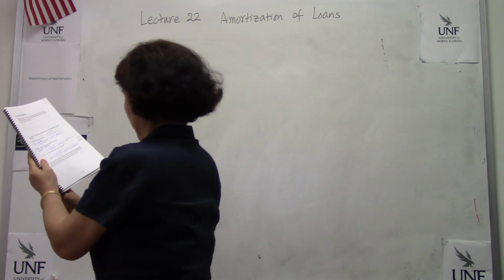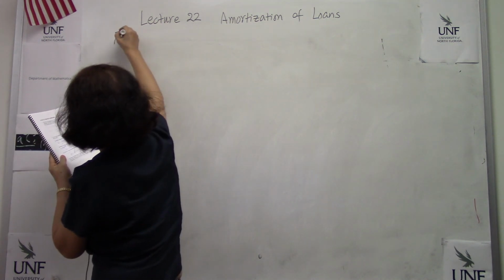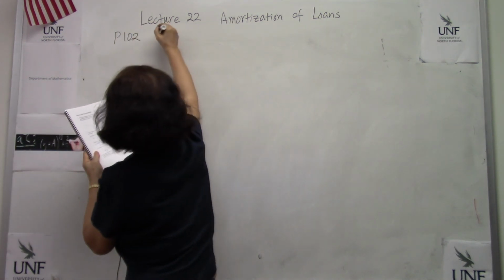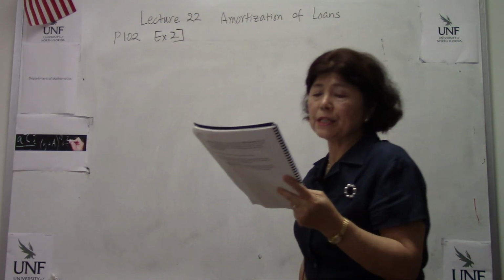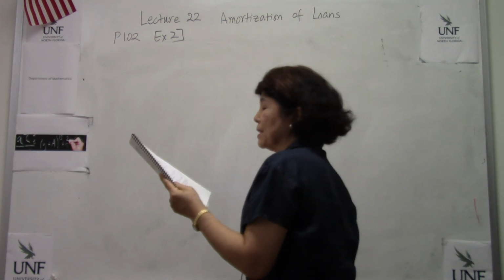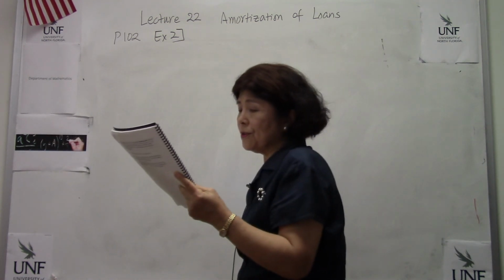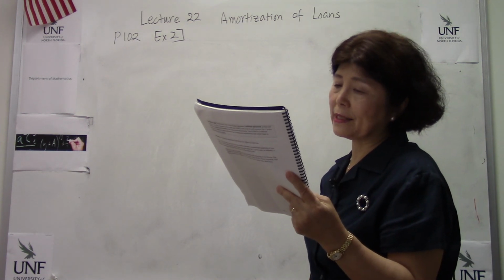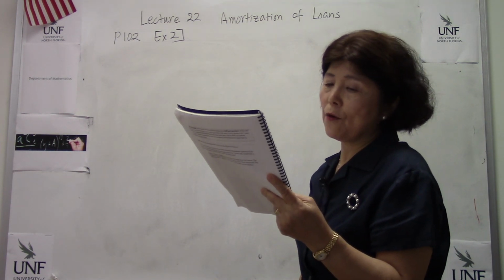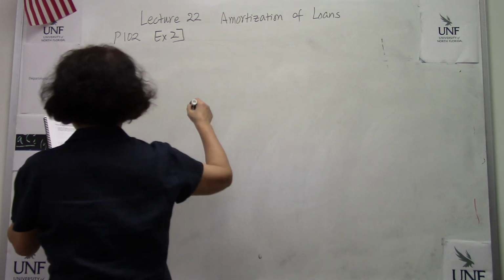So, page 102, example 2. A car is purchased for $22,000 with $2,000 down at 4.8% compounded monthly for 4 years.